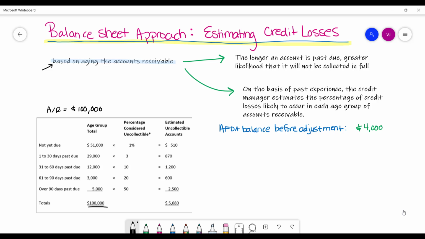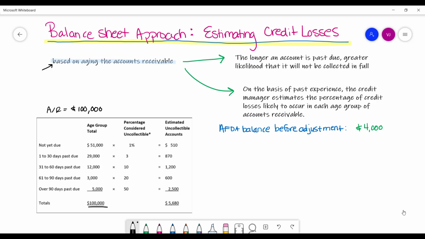1% of $51,000 is $510. 3% of $29,000 is $870, so $870 of the $29,000 we estimate will never be collected. 10% of the $12,000 is $1,200. 20% of the $3,000 in that age group is $600.